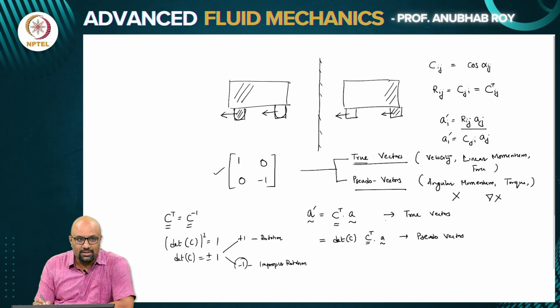It's a diagonal matrix, and the determinant would be minus 1. So, this exercise shows that if you have a pseudo vector and there is an improper rotation, then determinant of C is going to be minus 1, in which case it picks up a negative sign. If you are just doing a pure or proper rotation, then it does not matter. The true vector and the pseudo vector, there is nothing to distinguish in how their components are going to transform. The distinction comes when you are actually doing a reflection or an improper rotation.